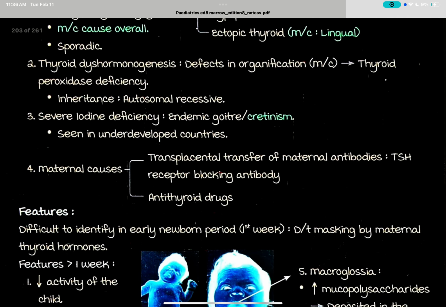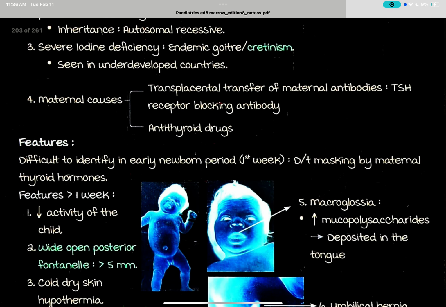Inheritance is autosomal recessive. Severe iodine deficiency, endemic goiter or cretinism, is seen in underdeveloped countries.